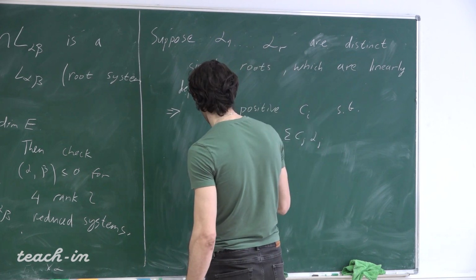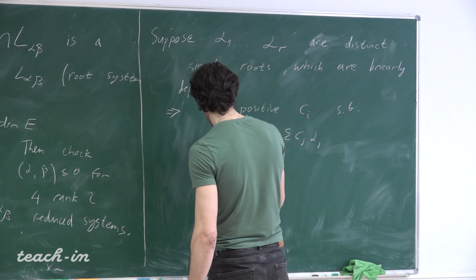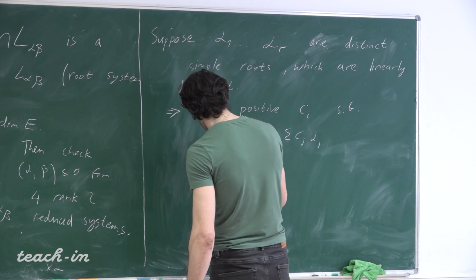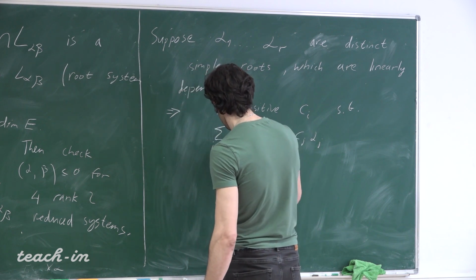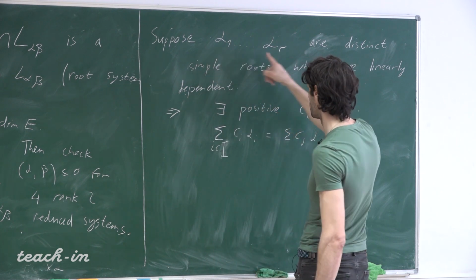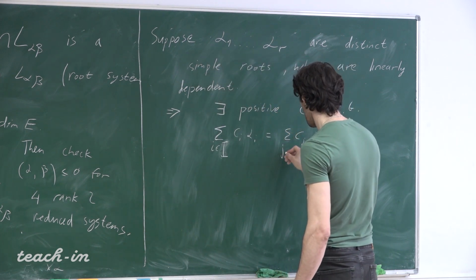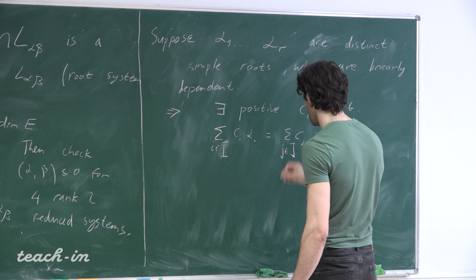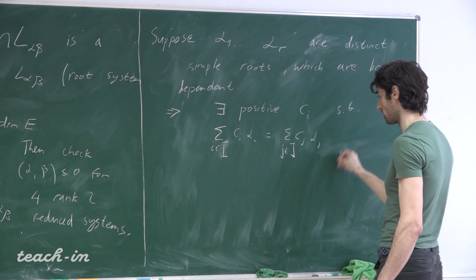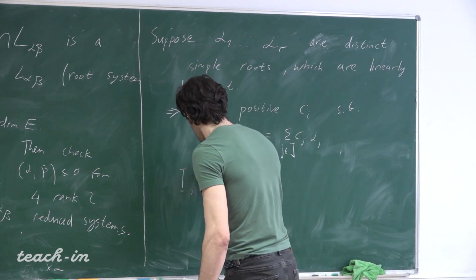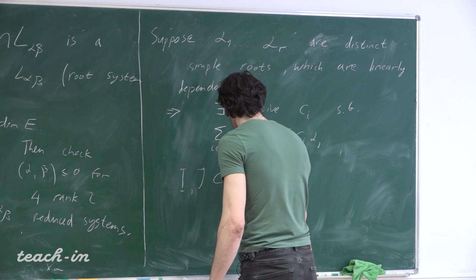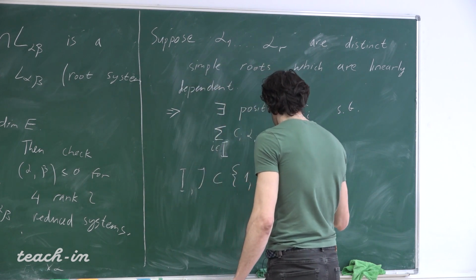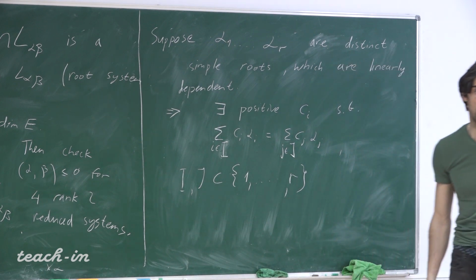So i runs on the left-hand side over some subset I of these indices, and j runs over some subset J of these indices. So this I and J are subsets inside the set of numbers from 1 to r.